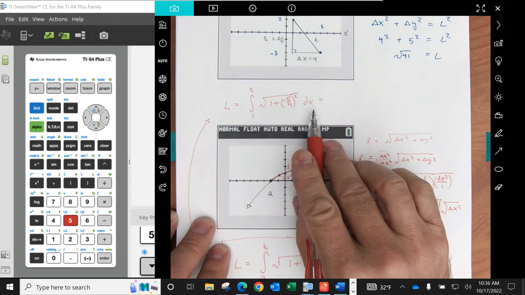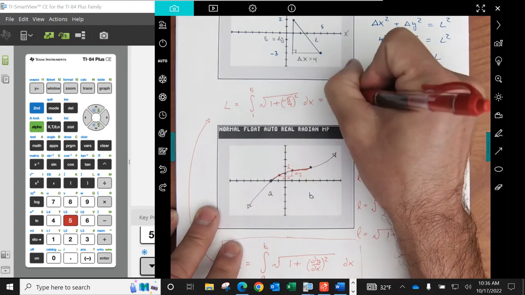Now we can use our fundamental theorem of calculus to evaluate this.